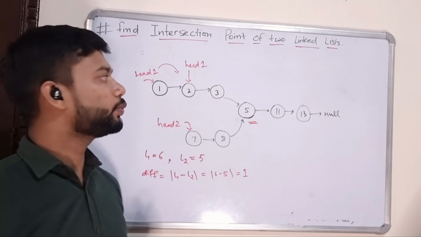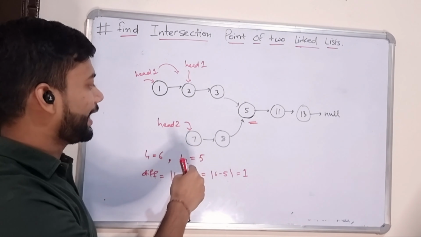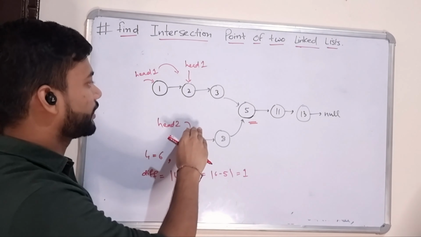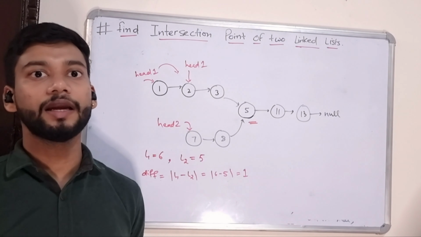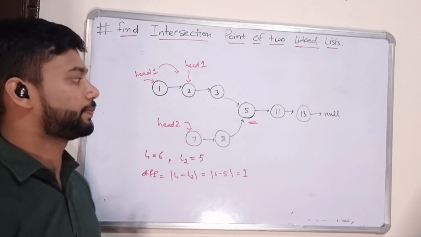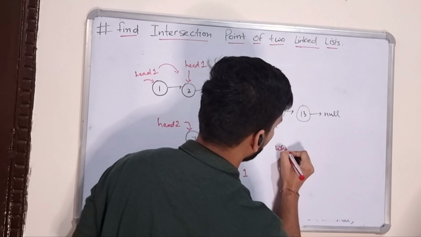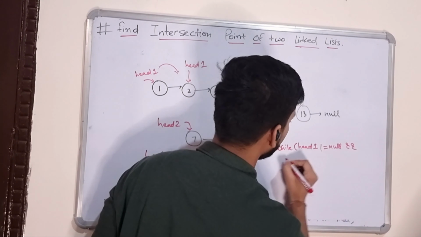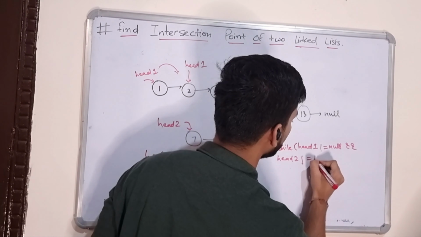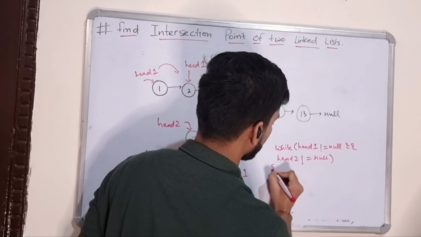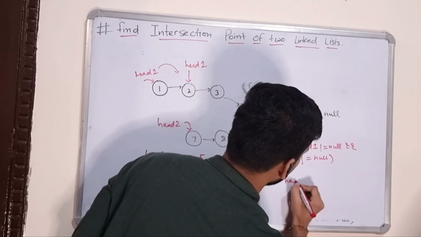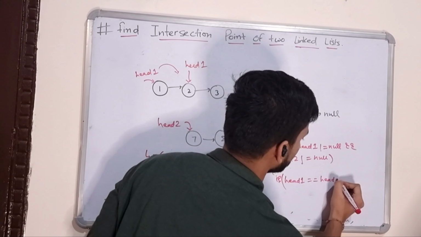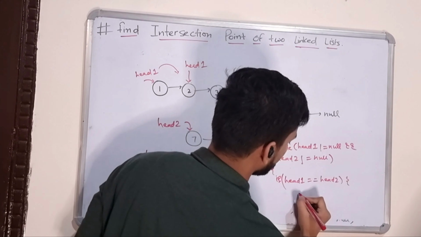By doing so, we have made the length of both of the linked lists equal. Now we will start traversing both of the heads simultaneously till we reach the intersection point. So this will look something like this: while head 1 is not equal to null and head 2 is not equal to null, first we will compare: is head 1 equal to head 2? If yes, we will return that node.